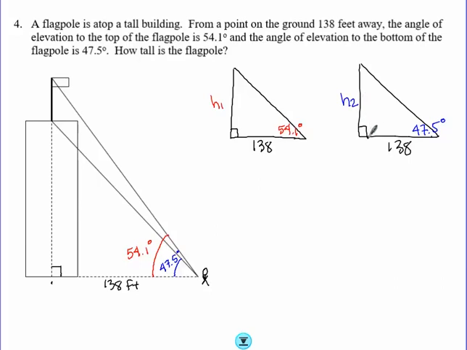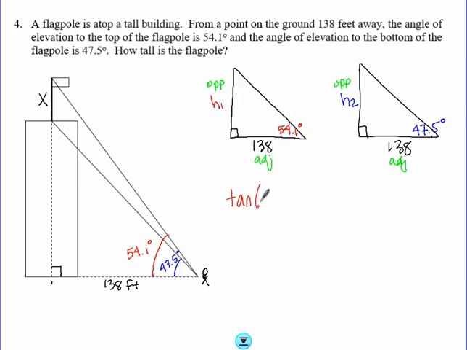In both of these problems, this is the opposite side, and this is the adjacent side. Ultimately, I'm trying to find the height of the flagpole, which we'll call x, and x will be height 1 minus height 2. Since I'm trying to find the opposite and I know the adjacent, I'm going to use tangent.